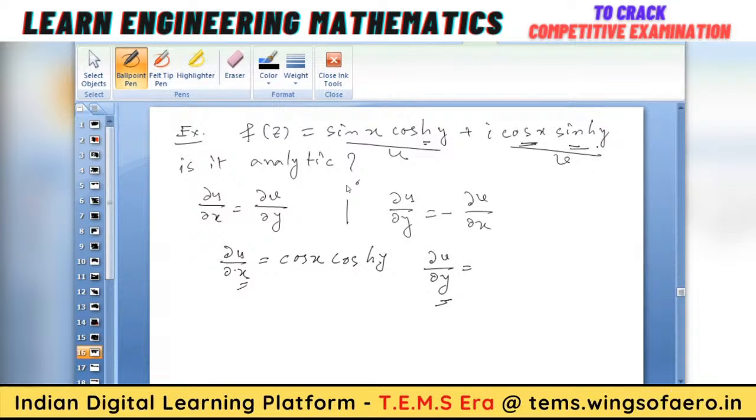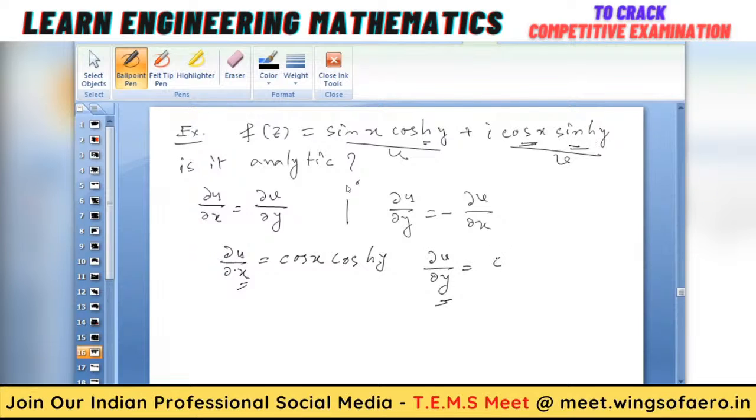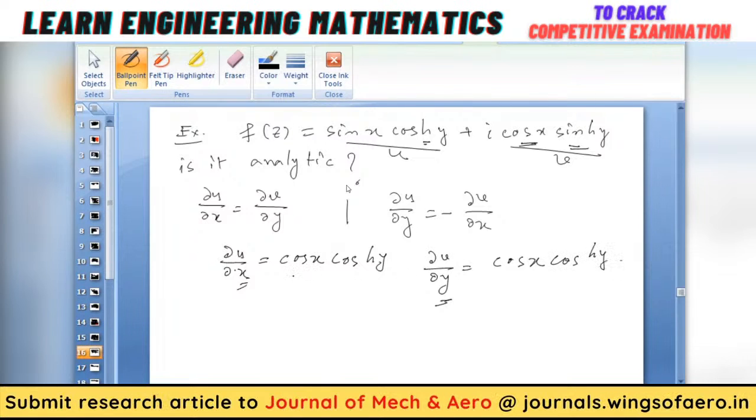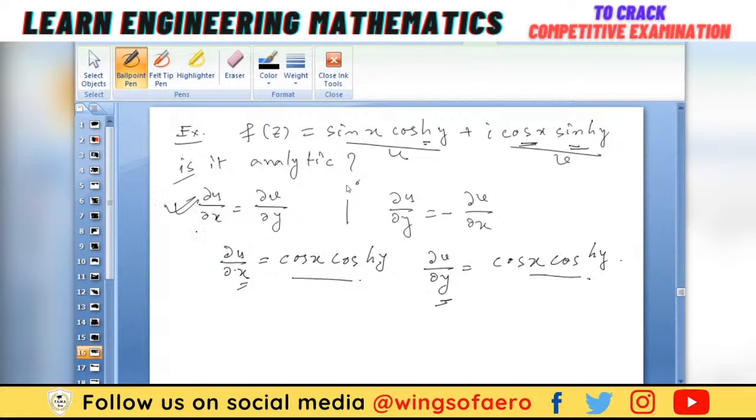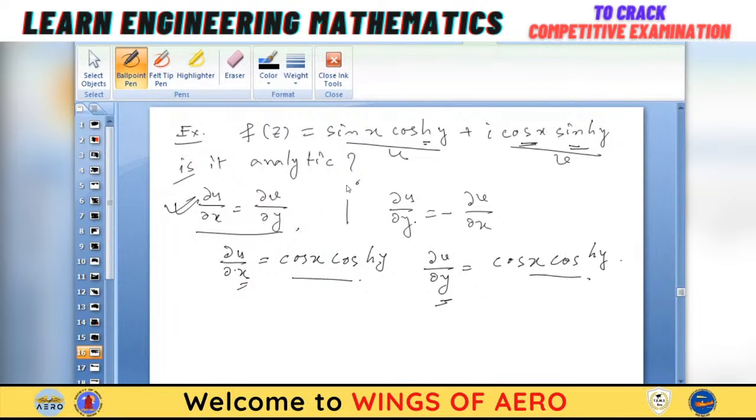The derivative of sine hyperbolic y is cos hyperbolic y only. So it is cos x cos hyperbolic y. Cos x cos hyperbolic y, so this equation is satisfied.